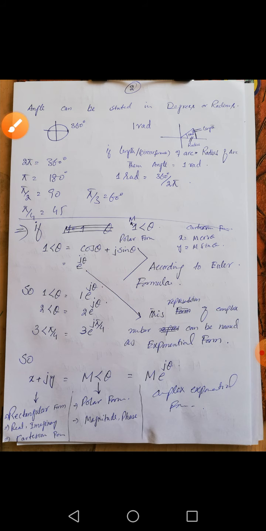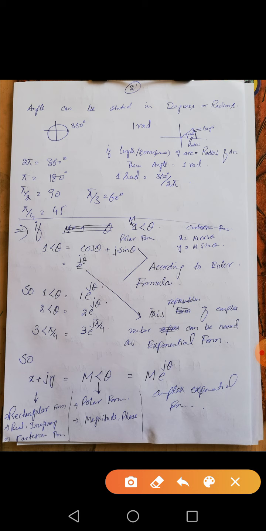So we can write 1 theta as 1 e power j theta. If 2 is the magnitude and theta is the angle of a complex number, we can write this in exponential form as 2 e power j theta. And if the magnitude is 3 and the angle is pi by 4, we can write this in exponential form as 3 e power j pi by 4. So we have three types of complex number representation.